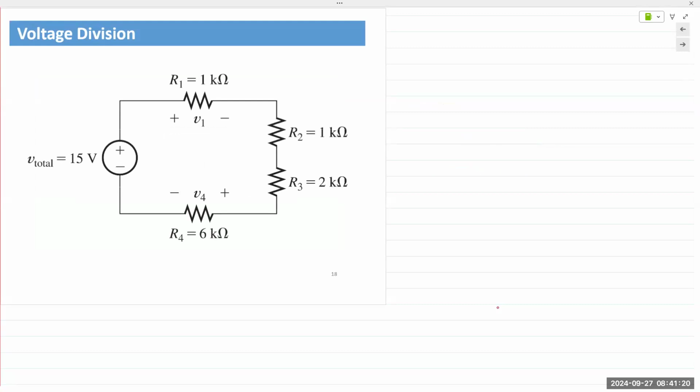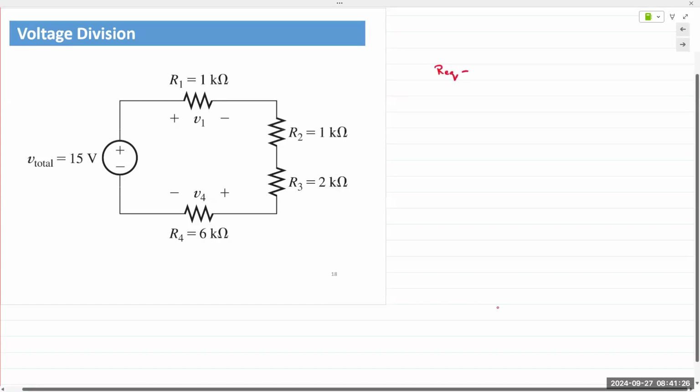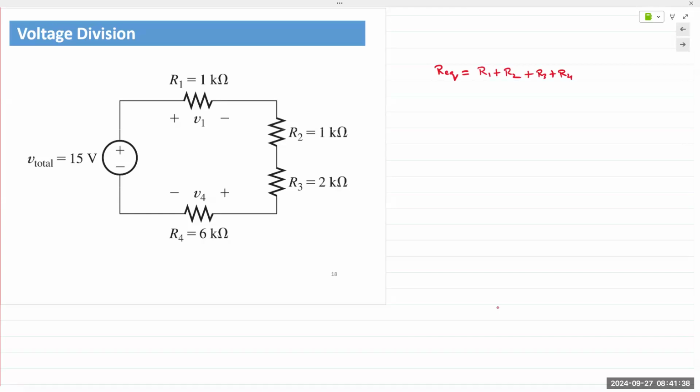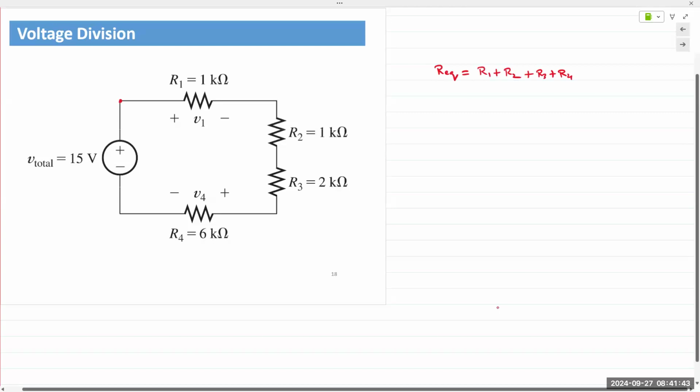And that fraction is given by the ratio of the resistor to Req. So total equivalent resistance would simply be R1 plus R2 plus R3 plus R4. That's your total equivalent resistance in this circuit between the outer terminals, which is as seen by the voltage source.